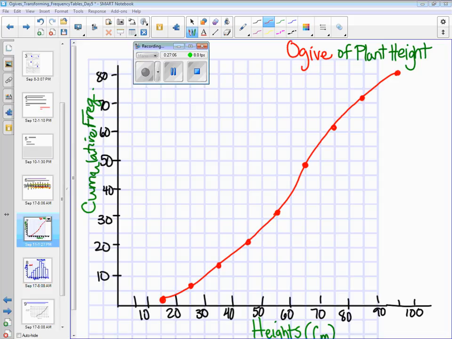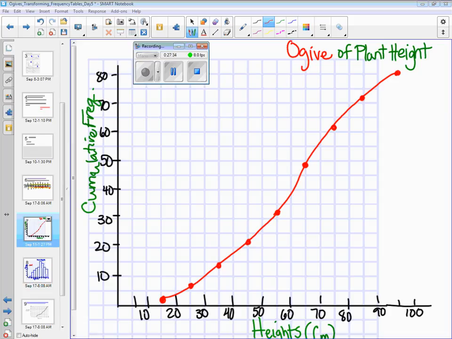Ogives tend to have an S shape to them. This one's not a very pronounced S shape, so this one should kind of go up more like that. And again, it's approximate, right?